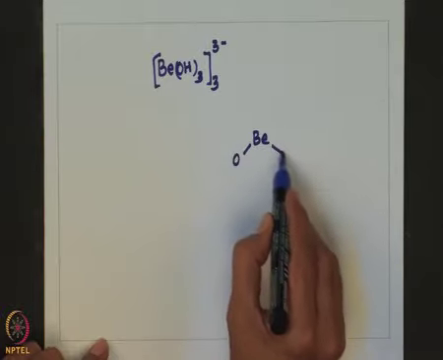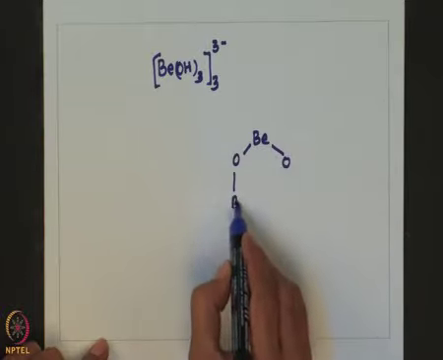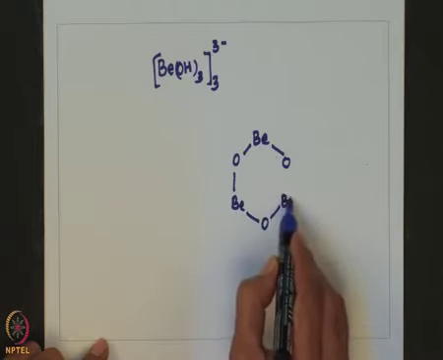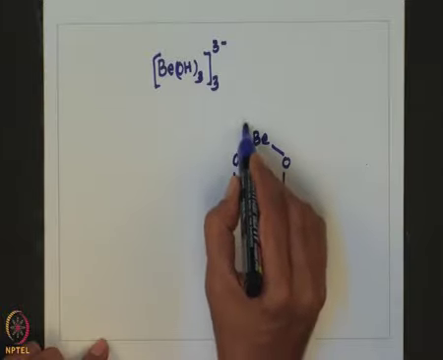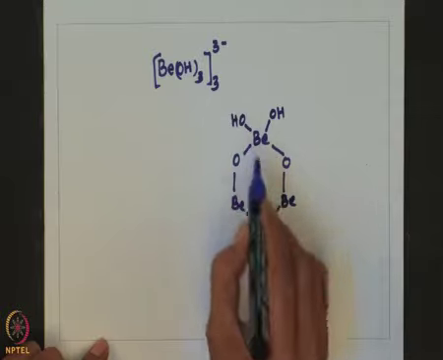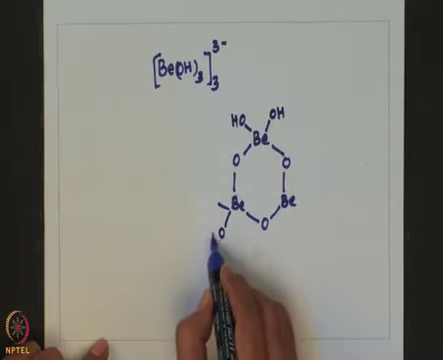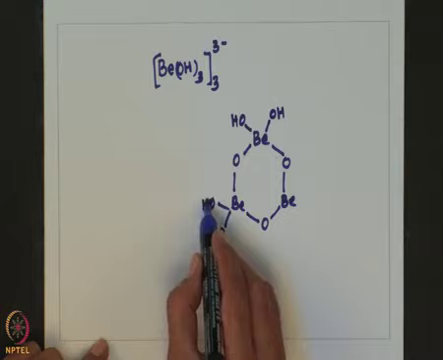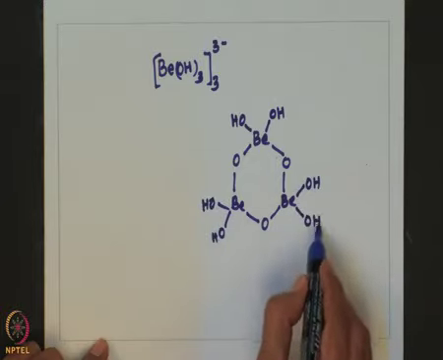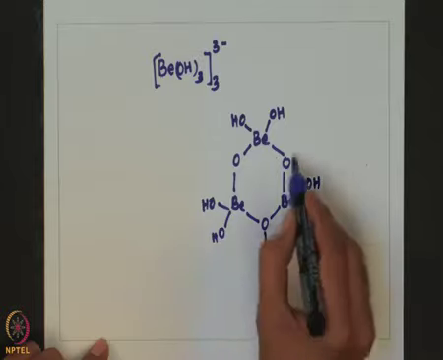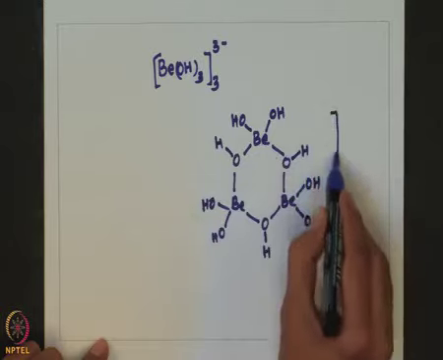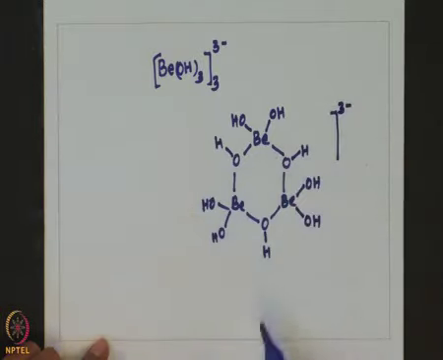This trimeric structure will appear like this. So, this indicates the amphoteric nature of beryllium, very similar to aluminum hydroxide.